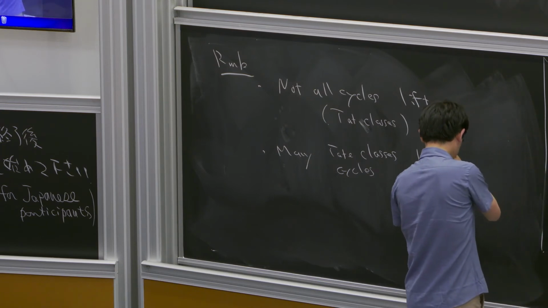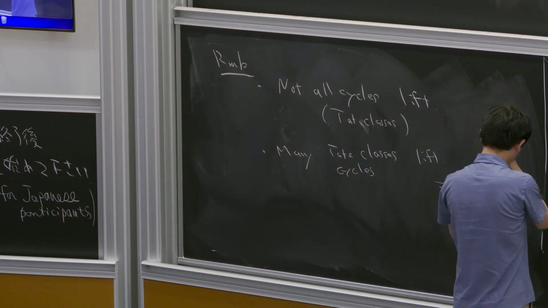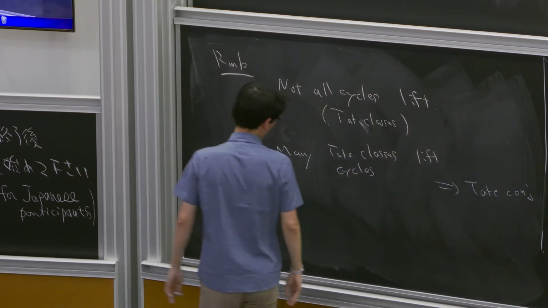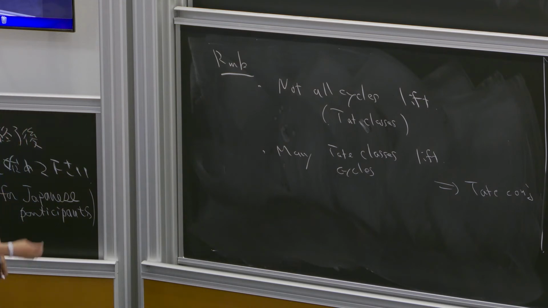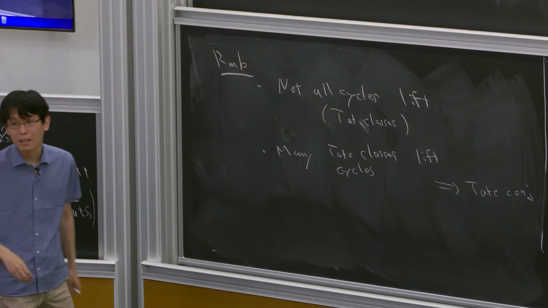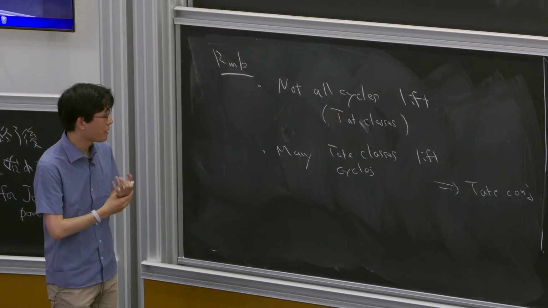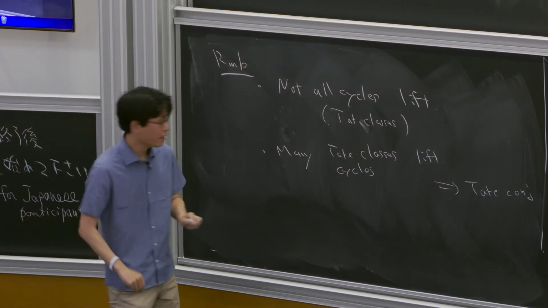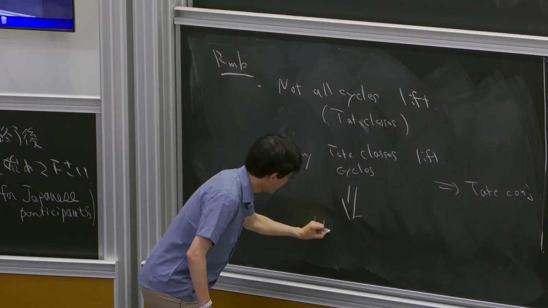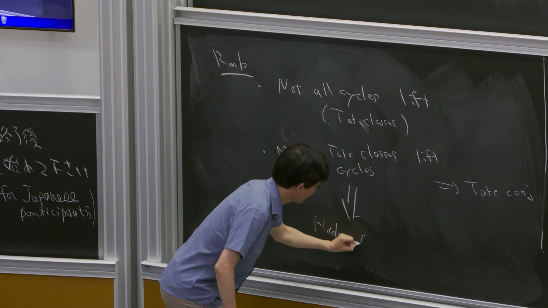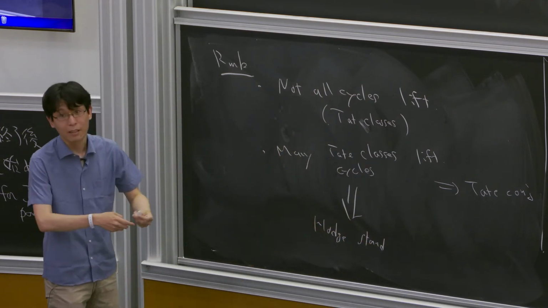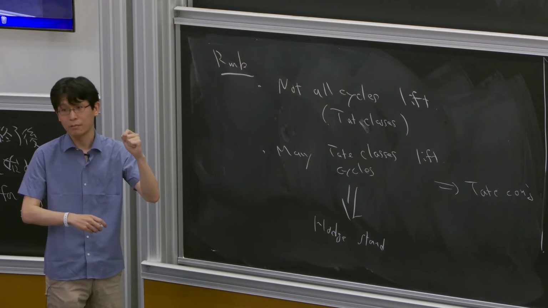Using the Hodge conjecture, as I explained. But in this talk, our main theorem is the Hodge standard conjecture. As I explained, if you have a lift, then you know the positivity on this cycle.